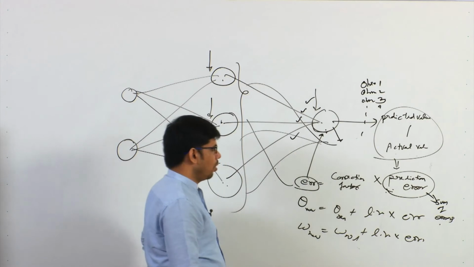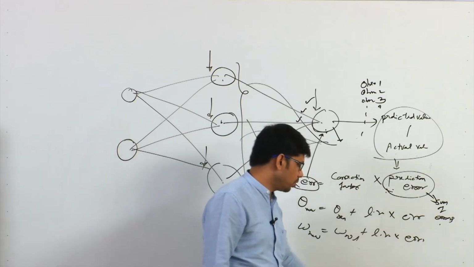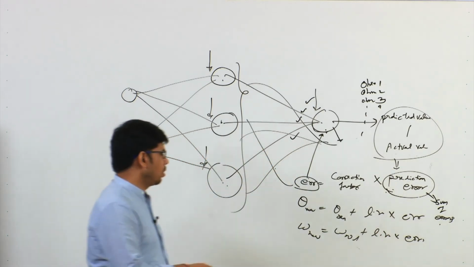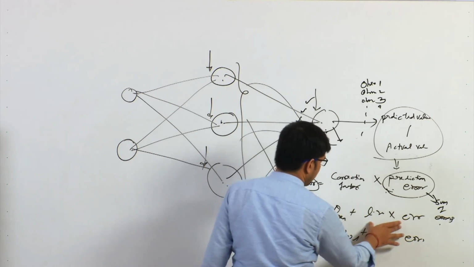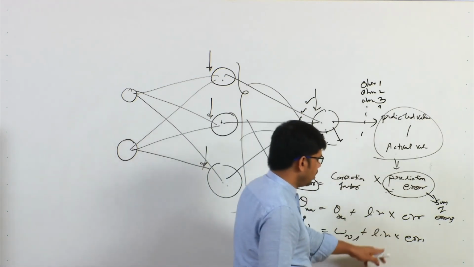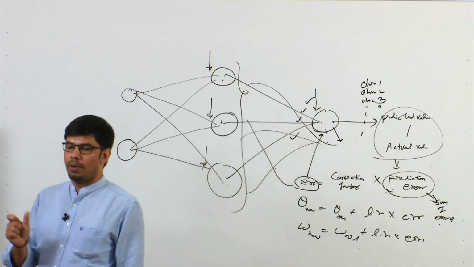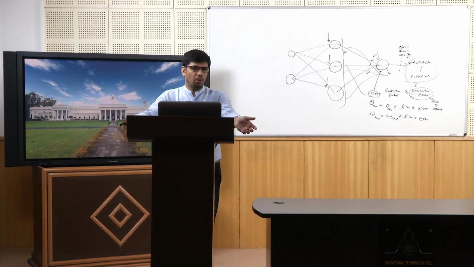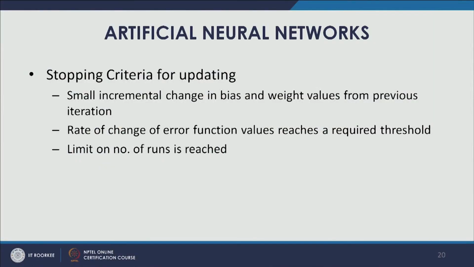However, as we do more computations of this kind, the magnitude of the value being added or subtracted here might decrease, and it might just remain an incremental value. Very small change might be happening. So probably that is the indication that the model or network has saturated, and therefore we should stop the learning process. The small incremental change in bias and weight values might indicate that probably we should stop the learning process.